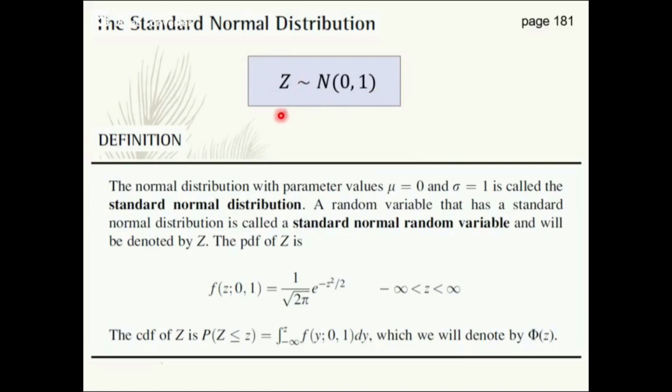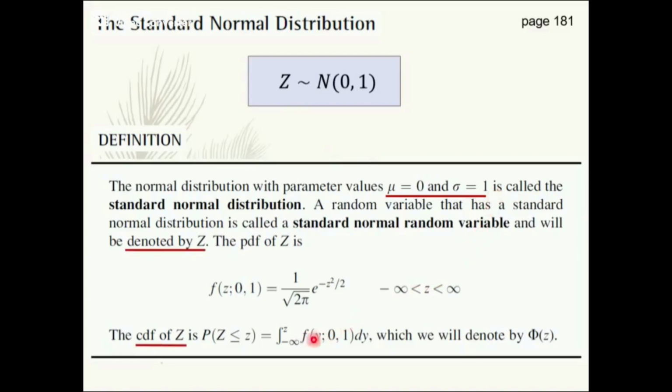If you see a Z, most of the time it's going to be normal unless you've made a mistake, but it's reserved for the standard normal distribution. As I've mentioned, this is the definition in the textbook on page 181. Mu is equal to 0, sigma is equal to 1, and Z is reserved for this.